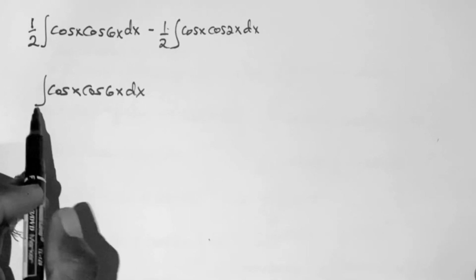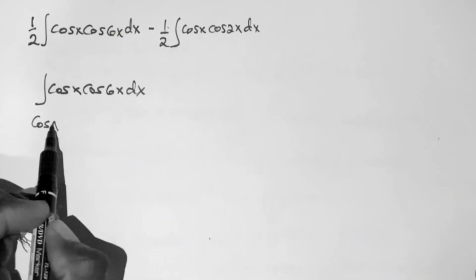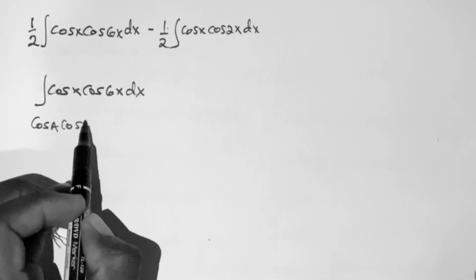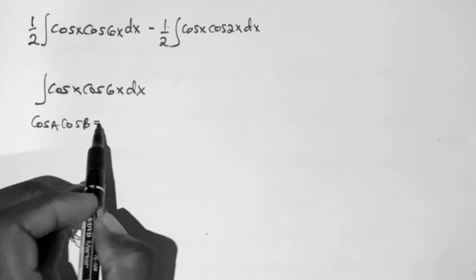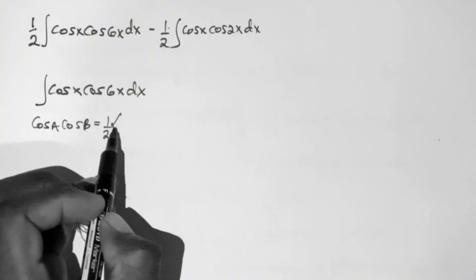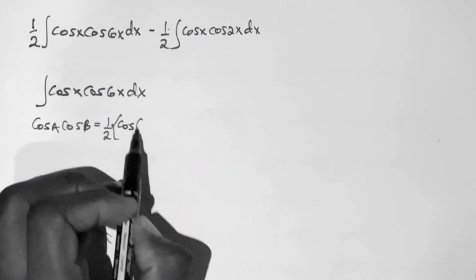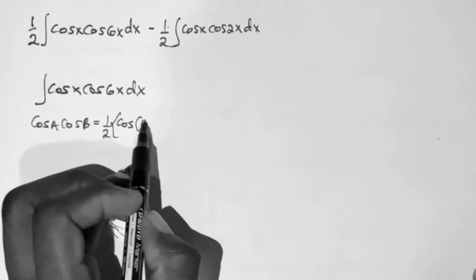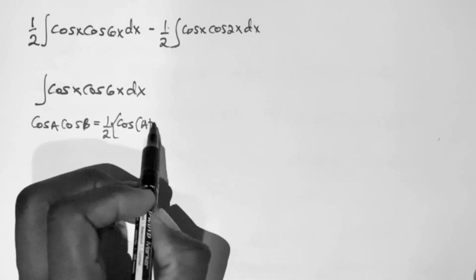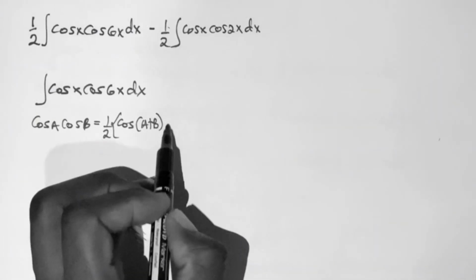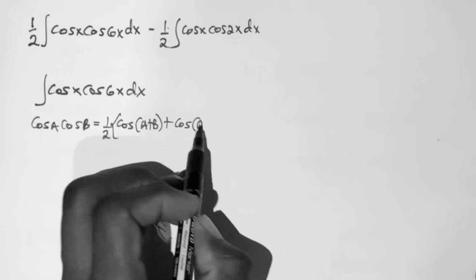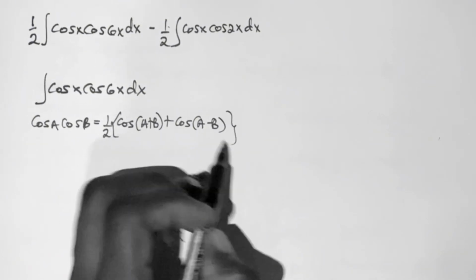Now we know that cos a cos b, just as we did previously, is half of bracket open cos a plus b, plus cos a minus b, bracket close.